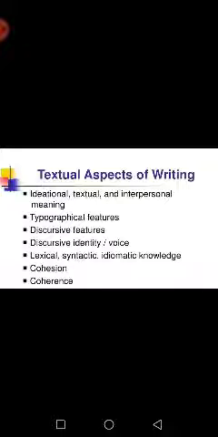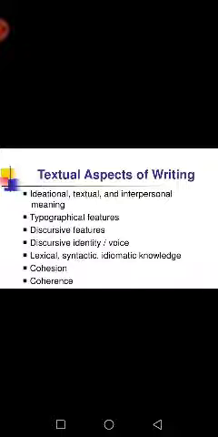While textual is the text itself that helps the readers investigate throughout the text, while interpersonal is the relationship between the writer and the reader.